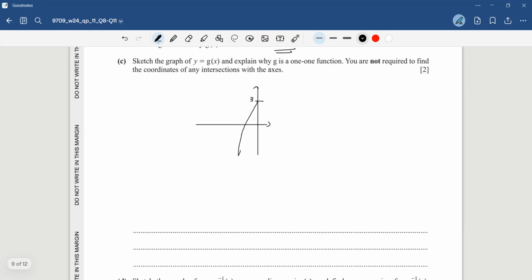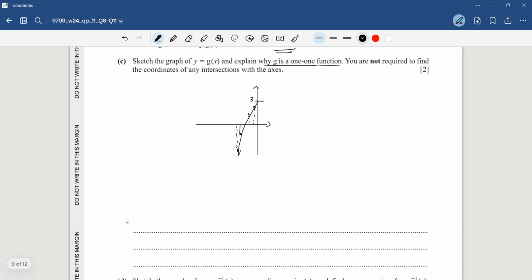From here you can explain why g is a 1 to 1 function. It's not something that you just show like this; you need to explain. If you notice here, for each and every y value, you have only one x value. That is the explanation for why it is a 1 to 1 function.